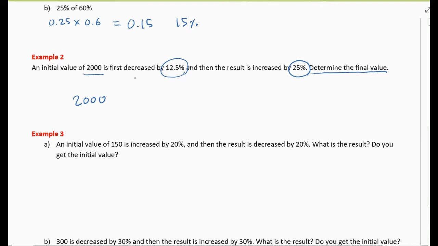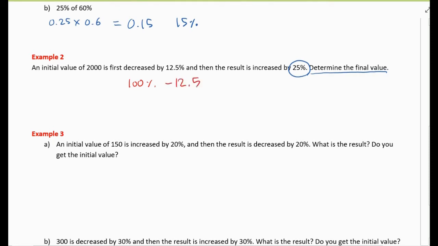When it says decreased by 12.5%, this means you have to subtract this number from 100%. The starting percentage is always 100%. If it is decreased by, is it subtraction or addition? It should be subtraction.